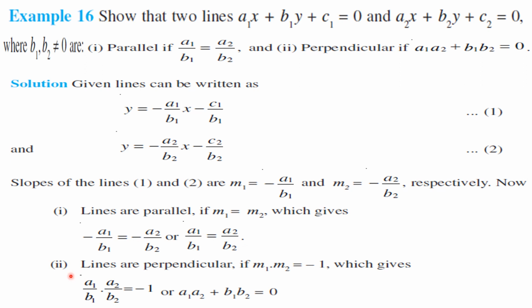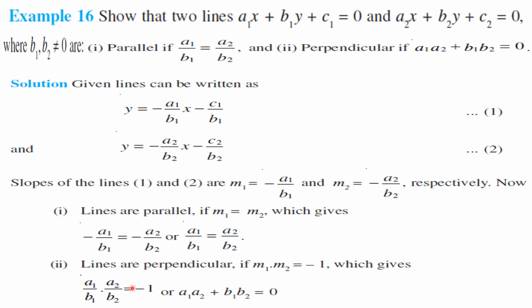Okay, my children? Right. Now come to the second part of the question. Lines are perpendicular. We have to show that the two lines are perpendicular if this condition is satisfied. So two lines are perpendicular if the product of the slopes of the two lines is equal to -1. Do you remember this condition, my children? m1 m2 is equal to -1. So which gives, what is m1 here? Minus a1 by b1 into what is m2 here?